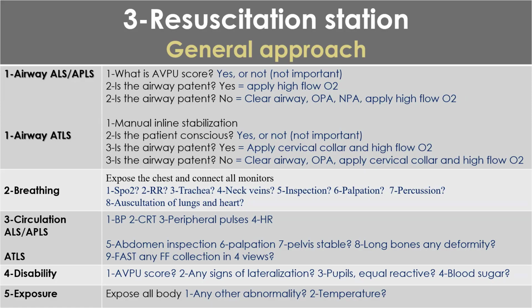In any pediatric airway, you should ask about the AVPU score, not just the airway. Why? If the patient is alert, it means stable. If the patient is responding to verbal, it means unstable. V unstable, P unstable, U unstable. P and U need intubation. Clear?